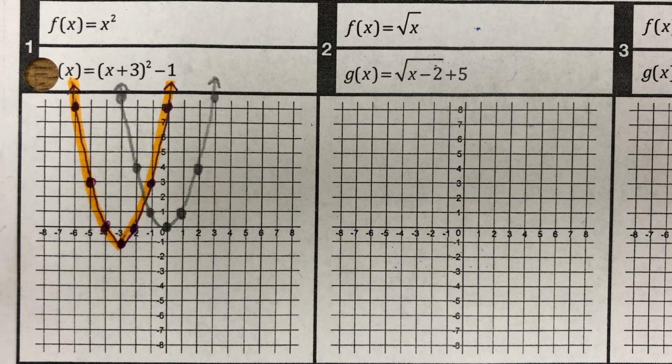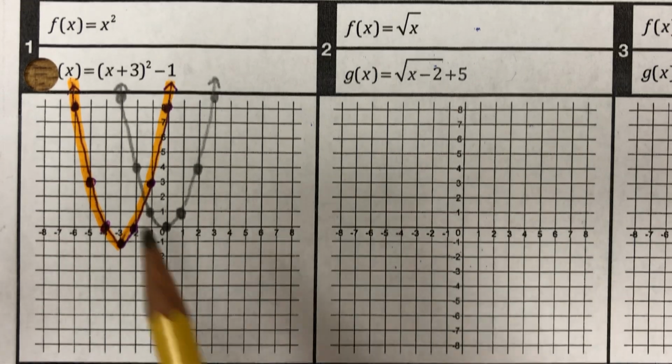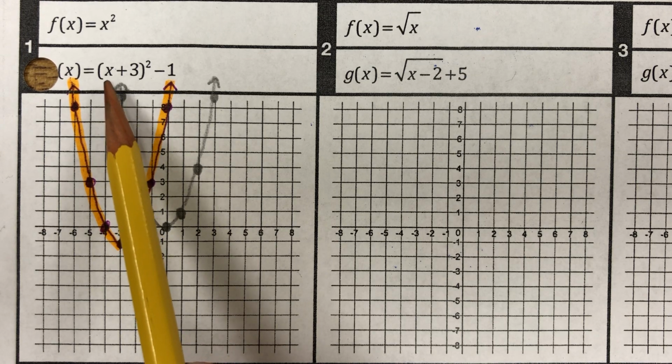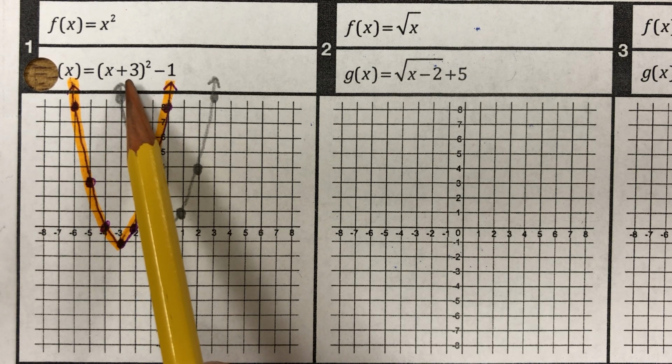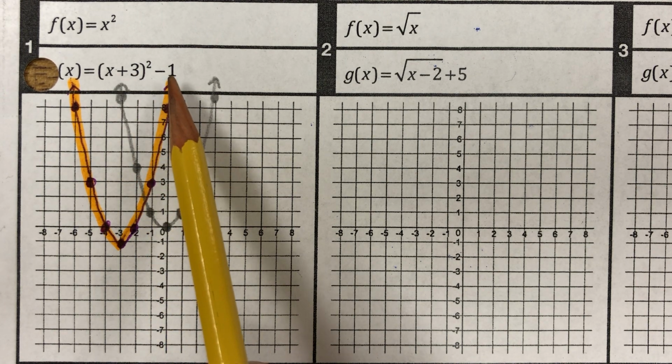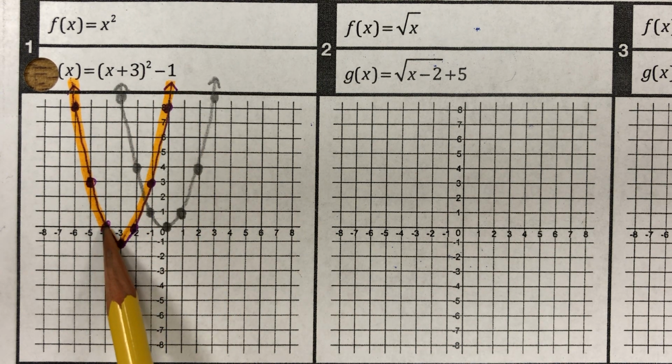I didn't have to use an input-output table. I didn't have to guess which inputs would give me really good outputs to show me all the features. And I know this works because you can pick an x value. Let's pick a -4. If I plug in -4, -4 plus 3 is -1, -1 squared is 1, 1 minus 1 is 0, so -4, 0 should be on the graph.